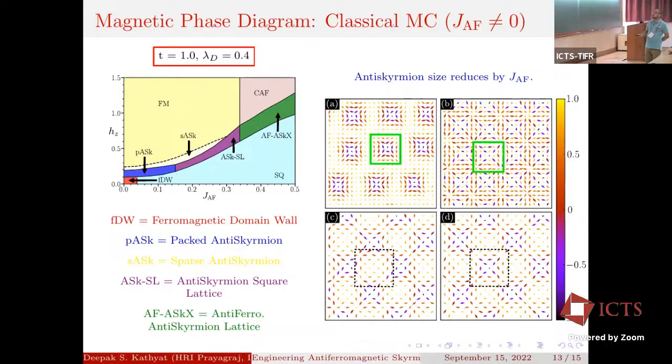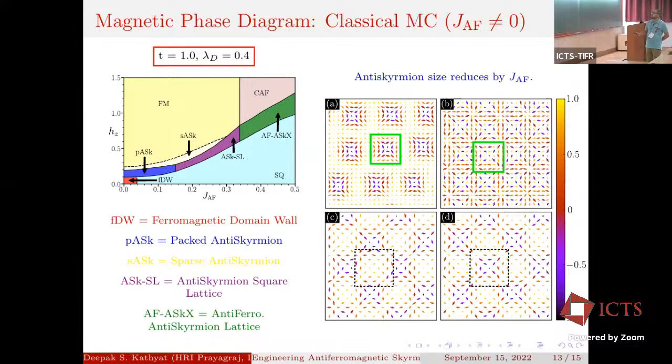Here I am showing the classical Monte Carlo results, where in this regime the state is antiskyrmions in a packed arrangement, and in this region there are antiferromagnetic antiskyrmions.